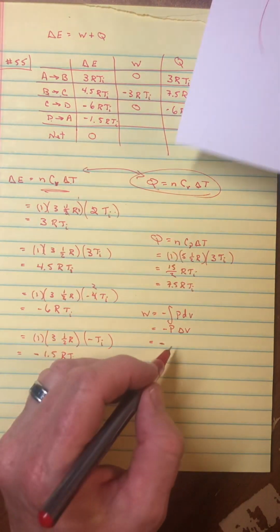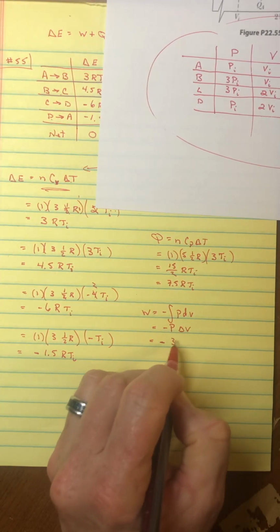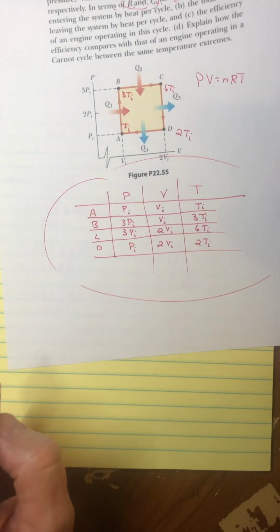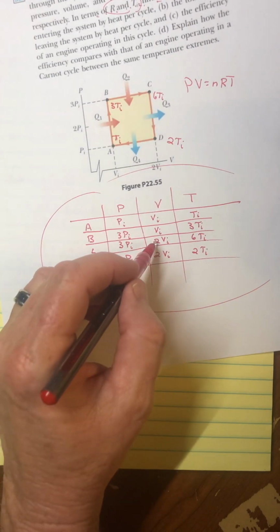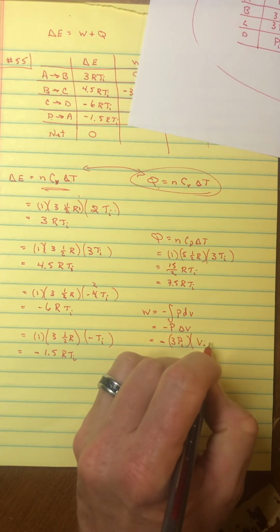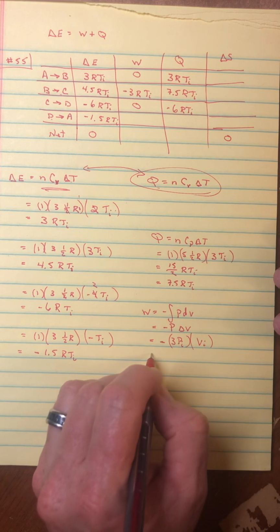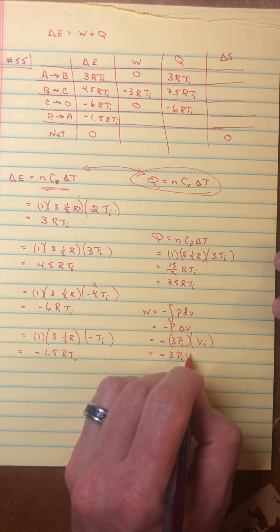If we didn't realize that, we could have just said, what is the pressure from B to C? That would be 3 times the initial. And the volume change, B to C, would be 2 minus 1, so 1 initial. And so this would be a negative 3 PiVi.